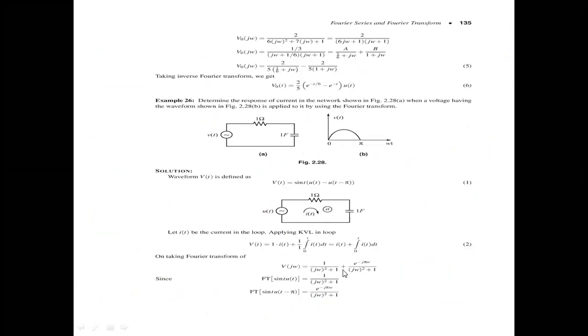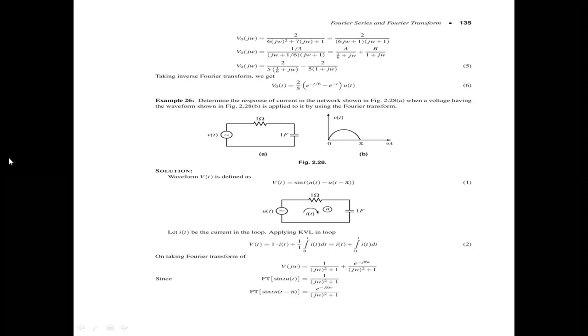For the first term, we got B of j omega, the t sine t mu of t, as 1 by (1 plus j omega) whole square, and the Fourier transformation of sine t mu of t minus pi, because it is shifted, is e power minus j pi omega by omega square plus 1.